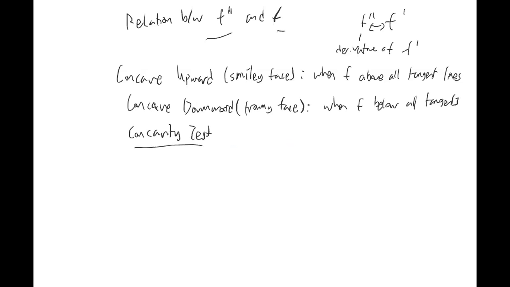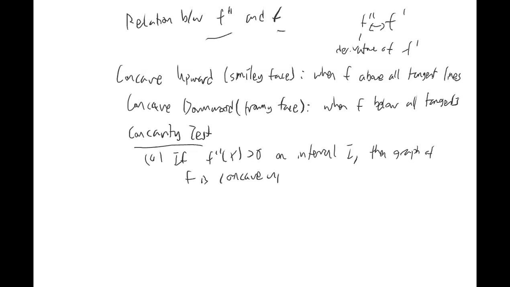So it turns out that if your second derivative is positive on interval I, then the graph of f is concave upward on I. It looks like maybe not the whole smiley face, but part of that smiley face, right?